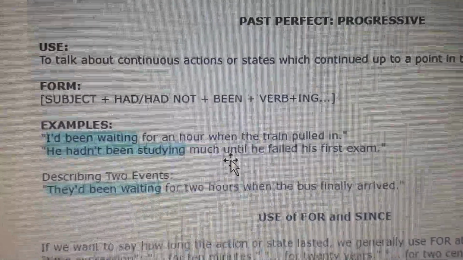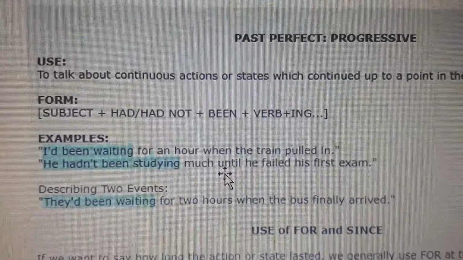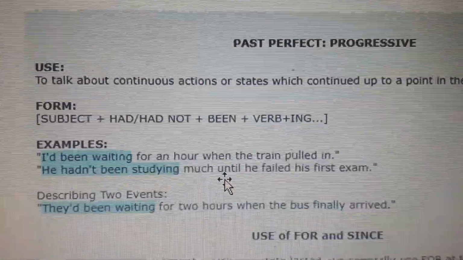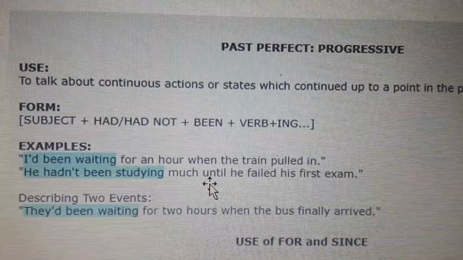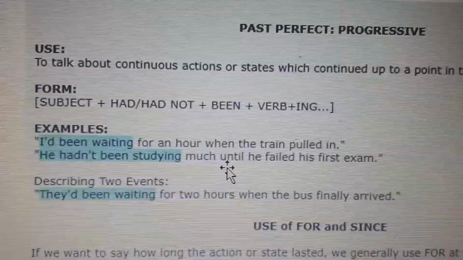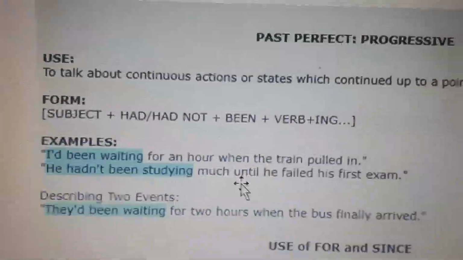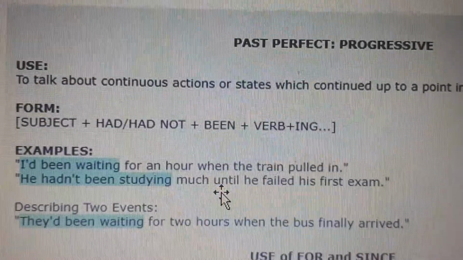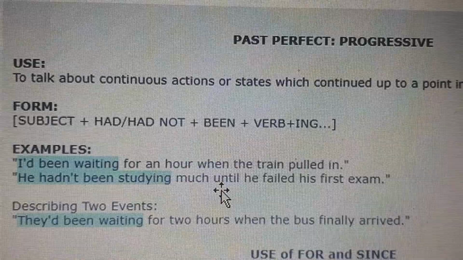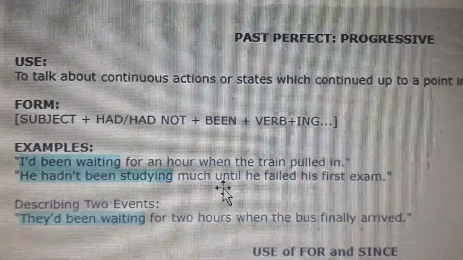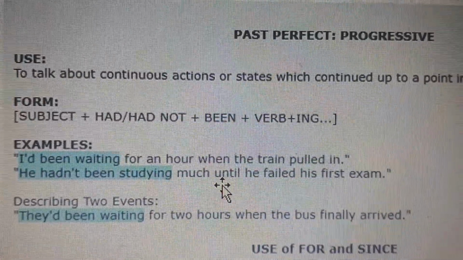Okay? So when we are describing two events, for example, they've been waiting for 2 hours when the bus finally arrived. Okay, they've been waiting for 2 hours is already a statement. When the bus finally arrived, it's another statement. Okay, so we have a connector with when.